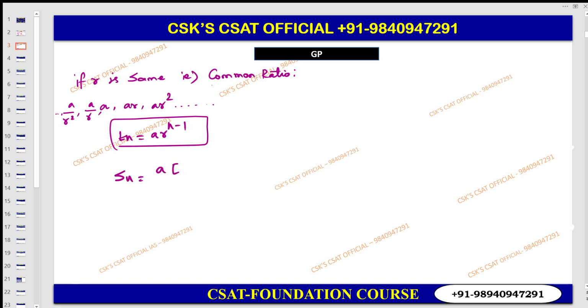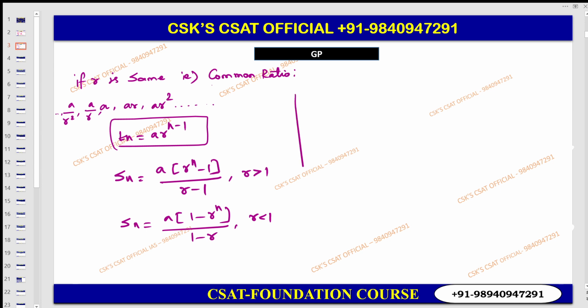Sn is equal to A into (R power n minus 1) by (R minus 1) if R is greater than 1. Right. If R is lesser than 1, you can use this one.